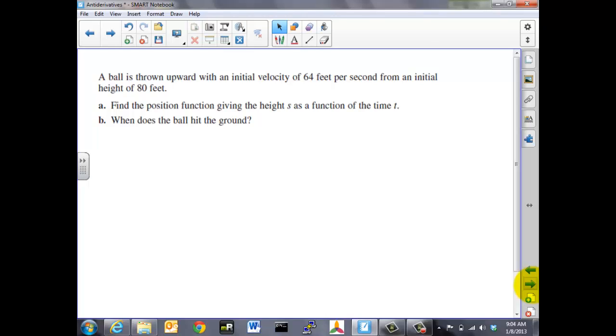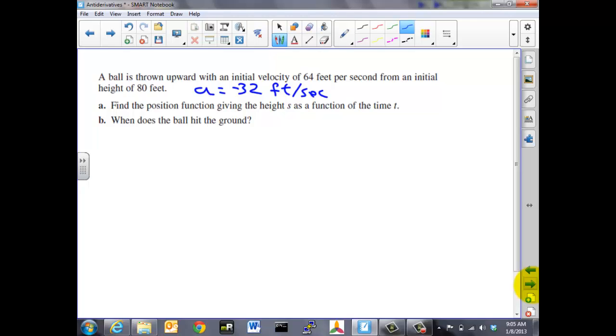And if you've had physics, if you've had physical science, you probably remember some formulas from there that you can just plug this in and poof, it gives it to you. I'm going to show you how we can use calculus to get back to that, okay? We know, even though it's not stated, that acceleration is -32 feet per second squared. Right? Because that's the effect of gravity.